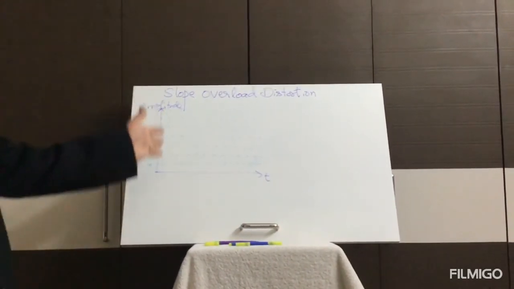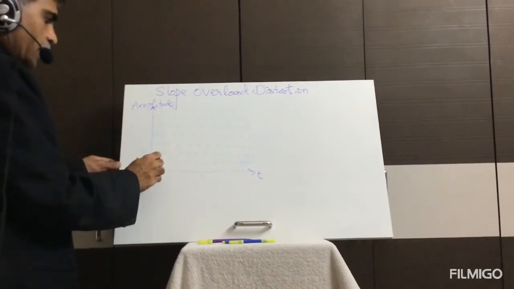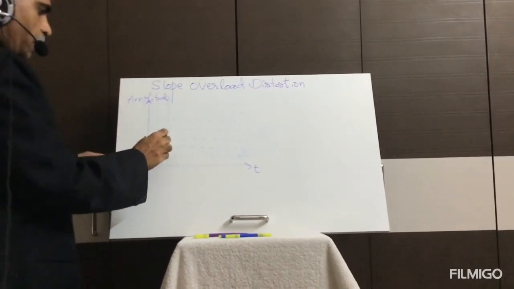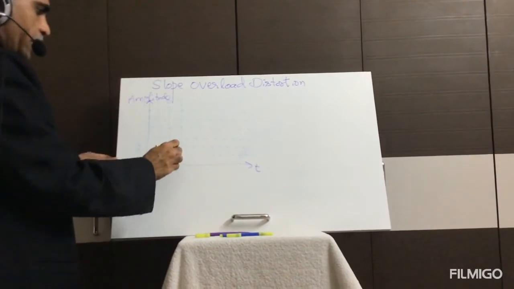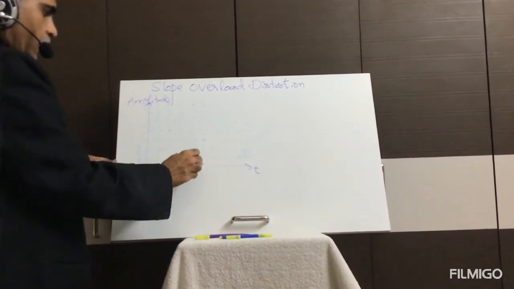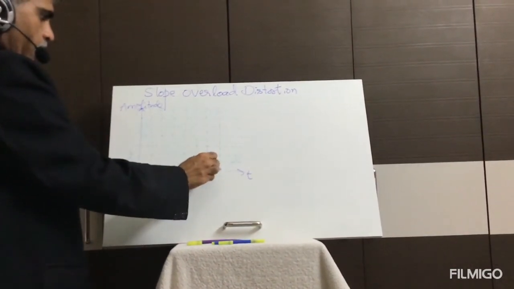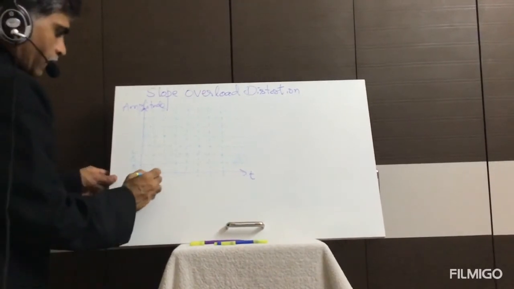Similarly, we divide this time axis into so many segments, and each segment corresponds to the sampling interval. This is Ts here.